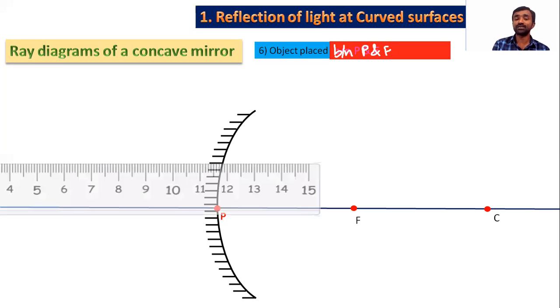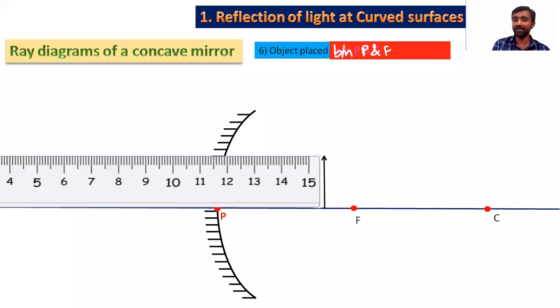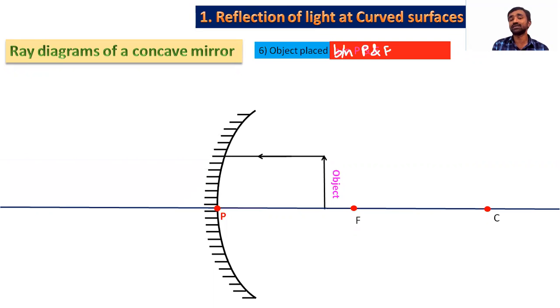So here, the object is now placed between P and F. Then completing ray 1, R1 to meet the mirror surface, which is parallel to the principal axis. After that, what is the next ray possible here? Passing through the focus, R2, is it possible?